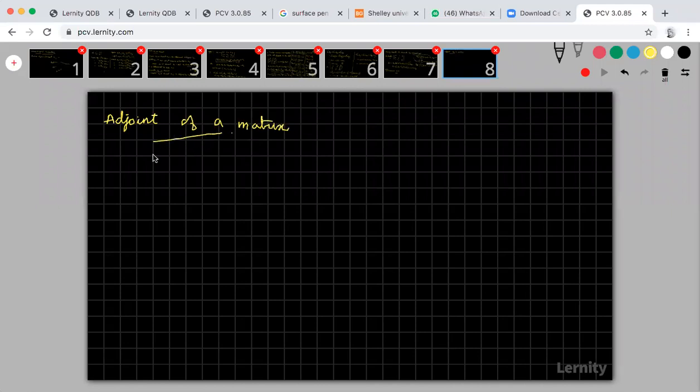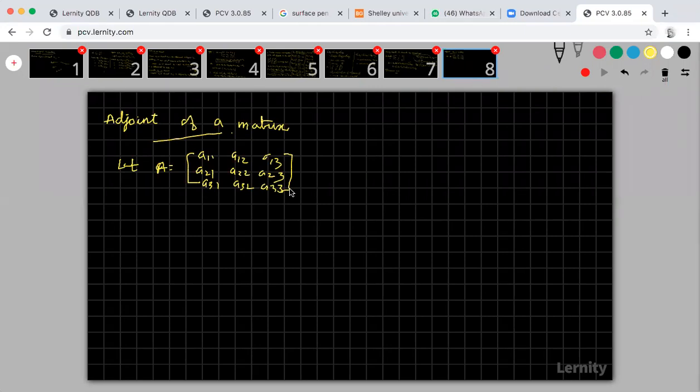Okay, so suppose my A matrix is equal to A11, A12, A13, A21, A22, A23, A31, A32, A33. That means a 3 cross 3 matrix.